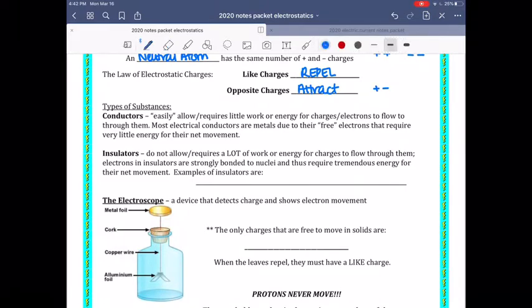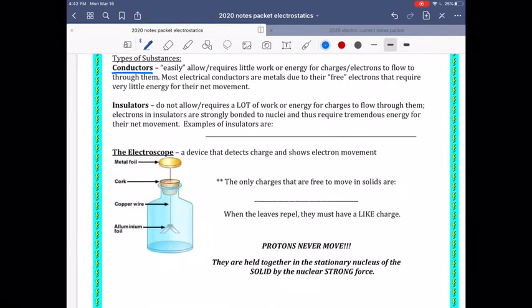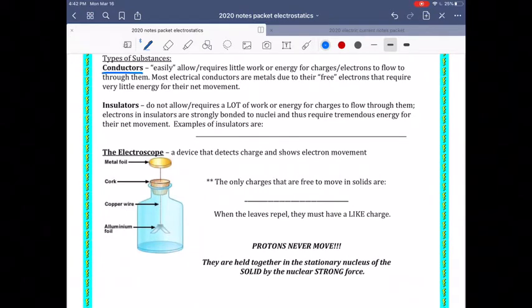All right, so now we're going to start talking about conductors and insulators. Conductors are materials that easily allow transfer of electrons. Most of them you probably would think about, a metal is an excellent conductor. And insulators are just the opposite.